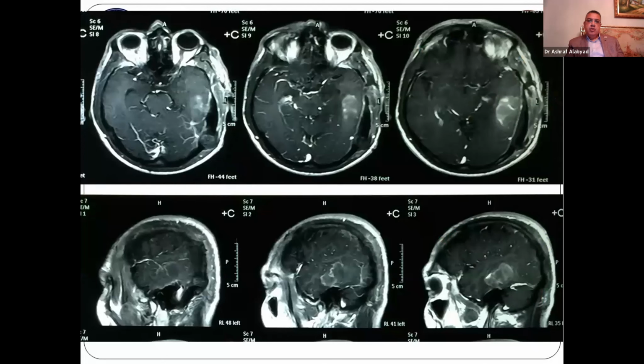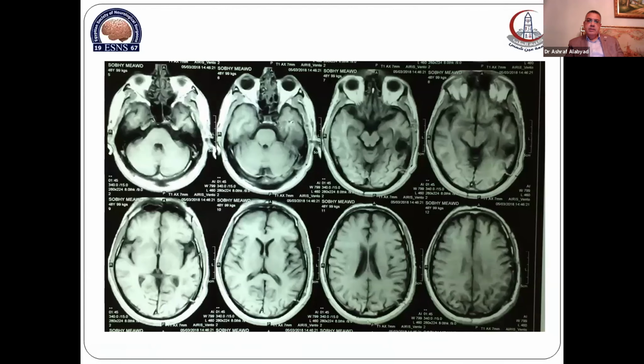This is the early post-operative MRI showing just a blood product within the tumor cavity. And this is the 9 months post-operative MRI without radiotherapy, and his fits were controlled on medication immediately post-operatively.